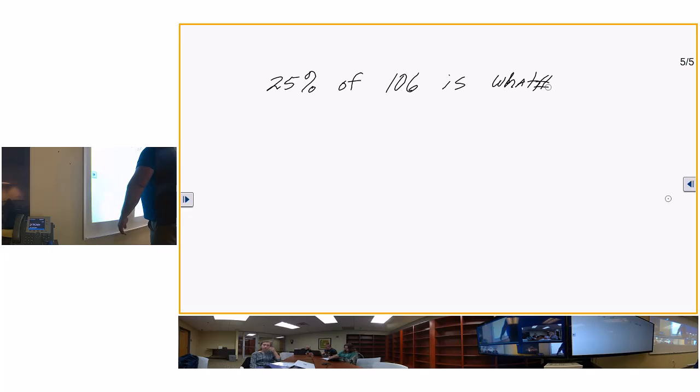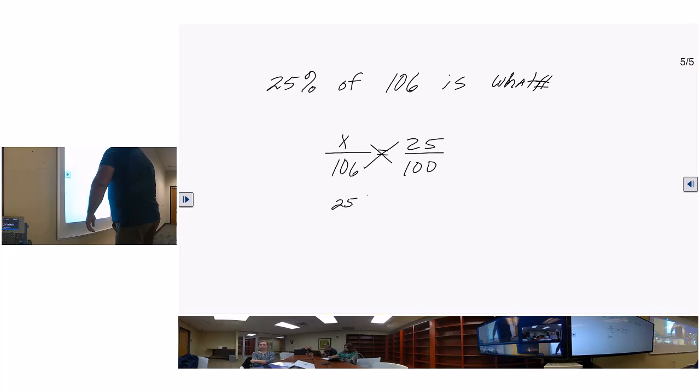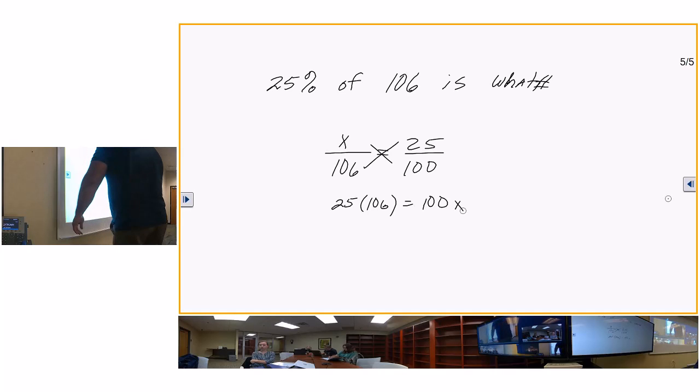Is x over 106 equals 25 over what? And cross multiply, 25 times 106 is equal to 100x. And somebody multiply 25 times 106.